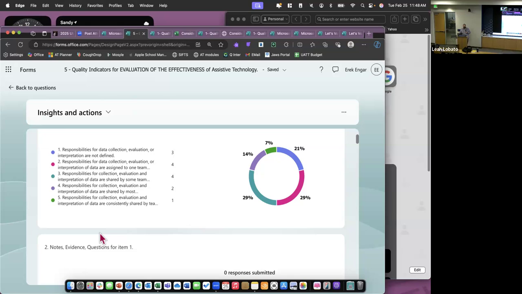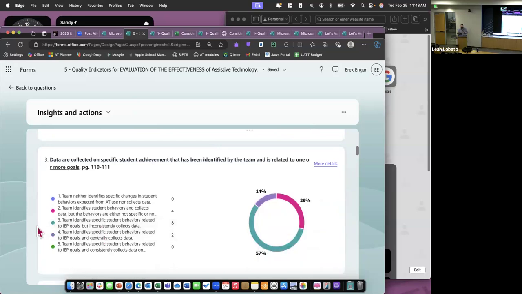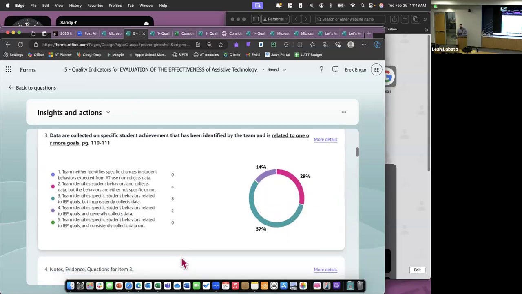Little e evaluations, we usually just assume it's part of the goal and let them go, okay? Data are collected on specific student achievement that has been identified by the team and is related to one or more goals. So again, it looks like most of us are right in the middle there. We have a couple of teams that say the team identifies specific student behaviors related to IEP tasks and generally collects the data.